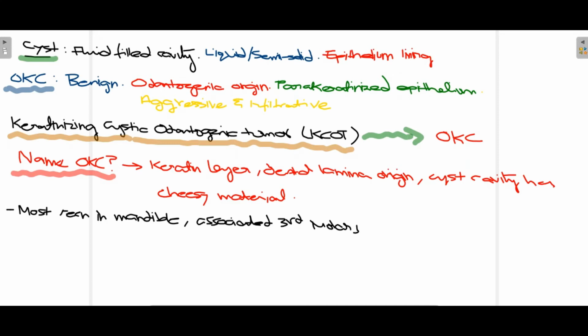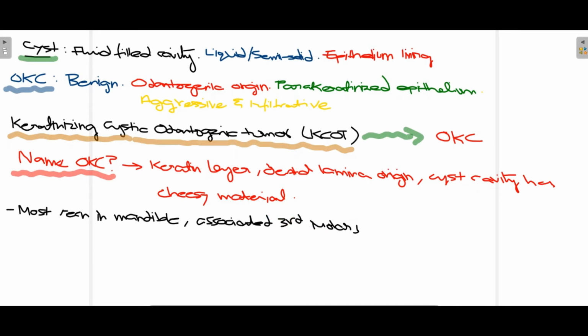Now, talking about why odontogenic keratocyst is basically called odontogenic keratocyst: there is presence of keratin layer. Secondly, the origin of odontogenic keratocyst is from dental lamina. This is important because you have to know from where each cyst arises from. Secondly, the cyst cavity that is present has cheesy material inside.